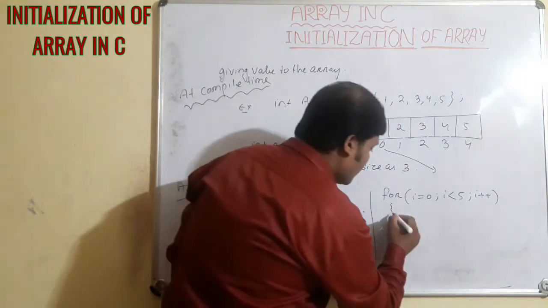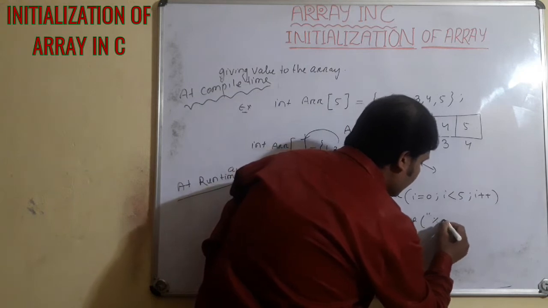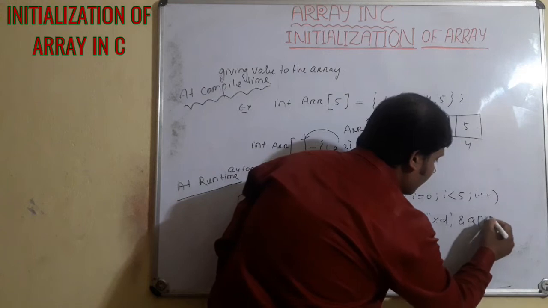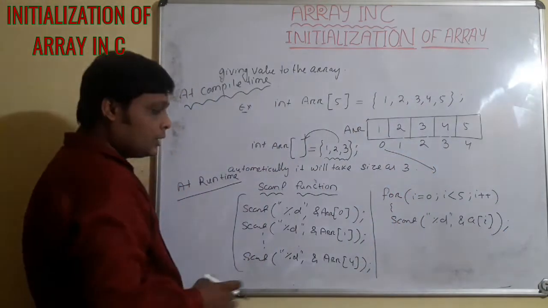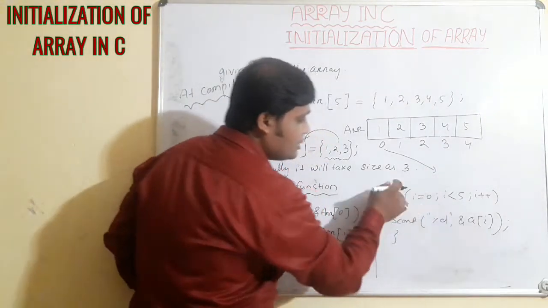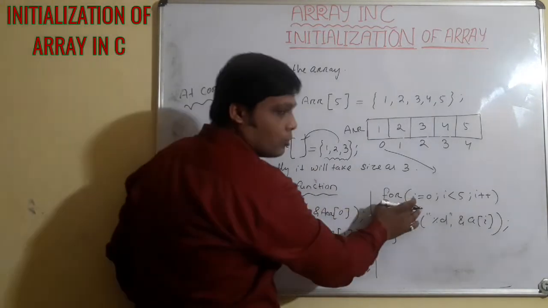Clear? Just see, scanf %d ampersand a of i. Instead of writing multiple scanf, I can write these 2 lines, using any loop you like.